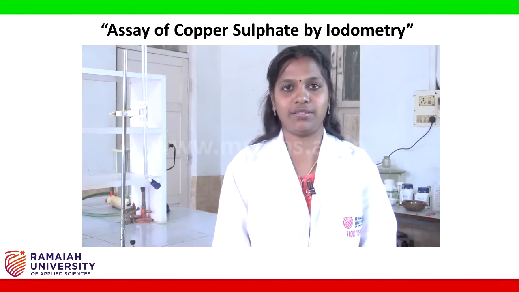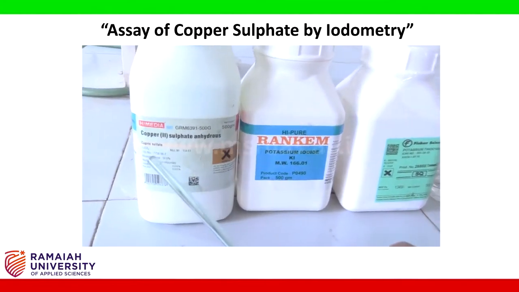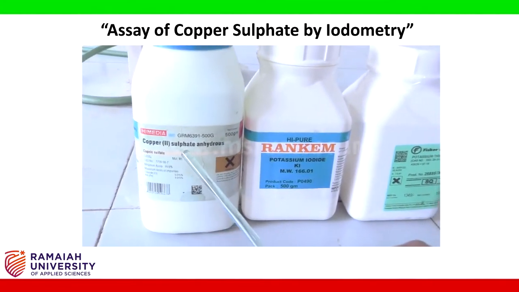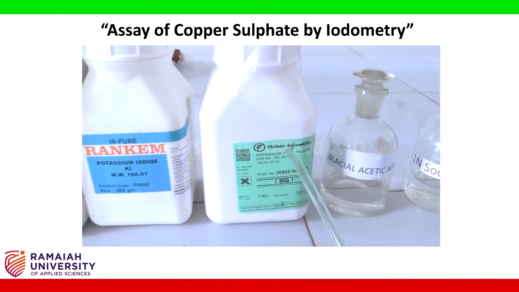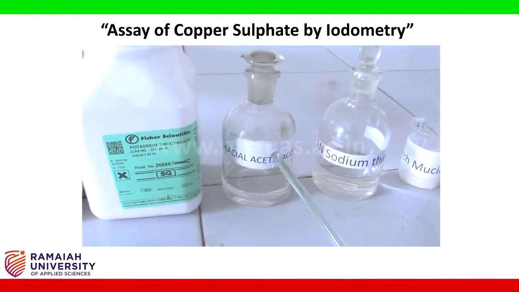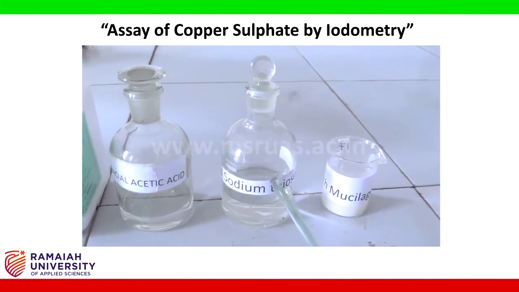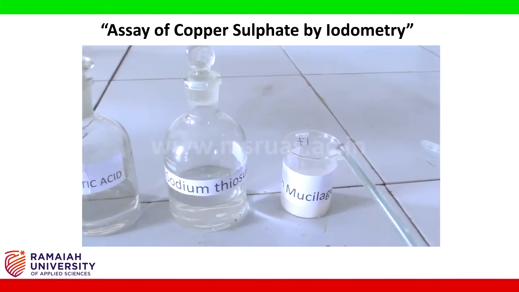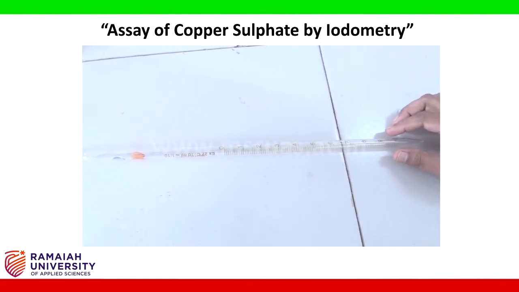iodometry. For assay of copper sulphate, chemicals required for the experiment are copper sulphate, potassium iodide, potassium thiocyanate, glacial acetic acid, sodium thiosulphate 0.1 normal, starch mucilage, and graduated 10 ml pipette.